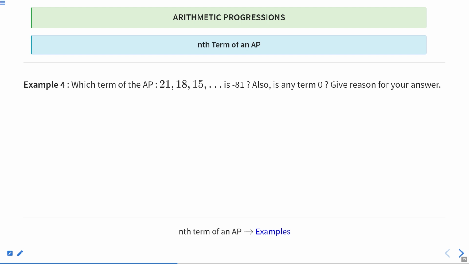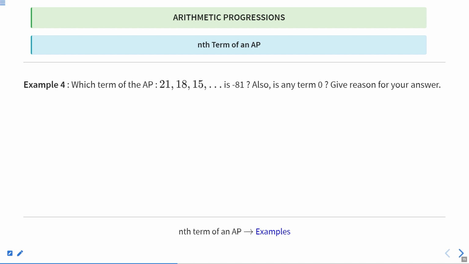Here we need to find the value of n for which the term of this AP is minus 81. This is our first question. Our second question is whether any term is 0. If there is any term which is 0, then give a reason for our answer.